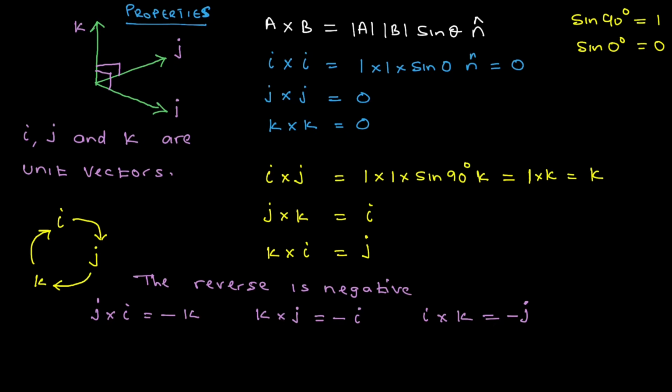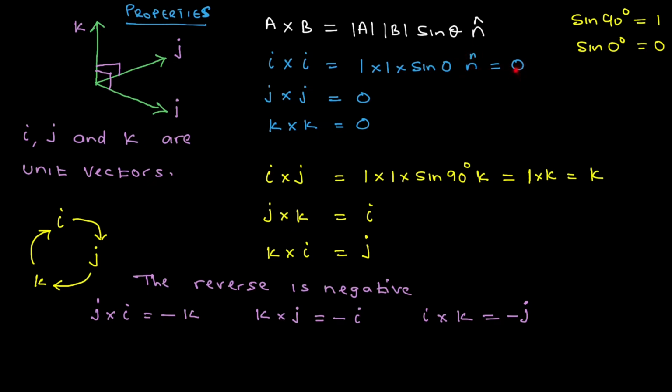Let's look at vectors that are parallel to each other. If I cross i, because i is parallel to i, the angle between the two i vectors will be 0. So using that formula, i cross i will be the modulus of i, which is 1, times the modulus of i, which is 1, times the sine of the angle between the two i's, which is 0, times the vector n.